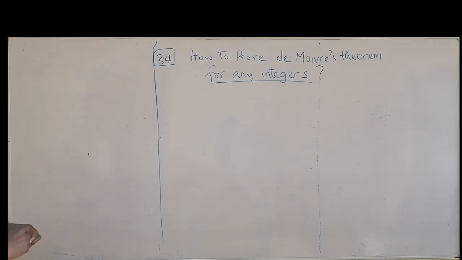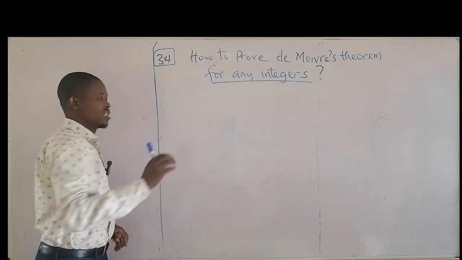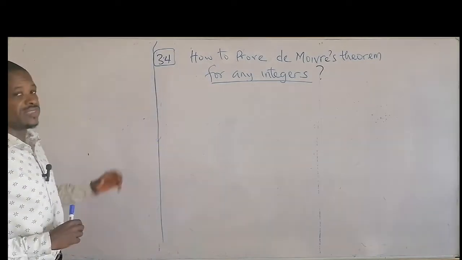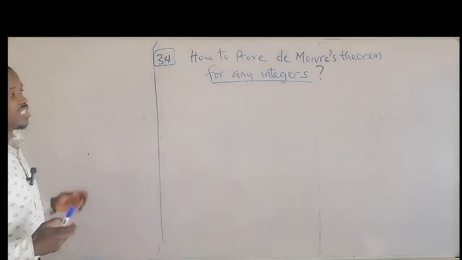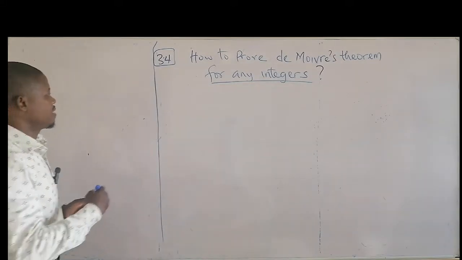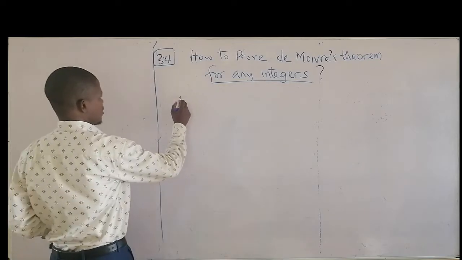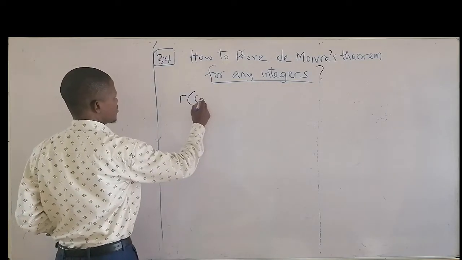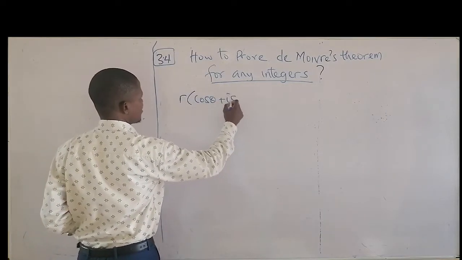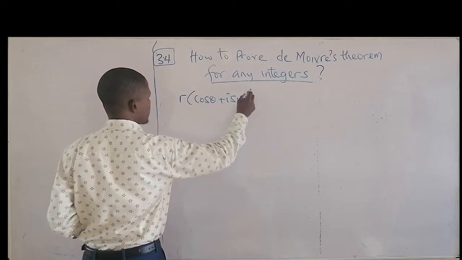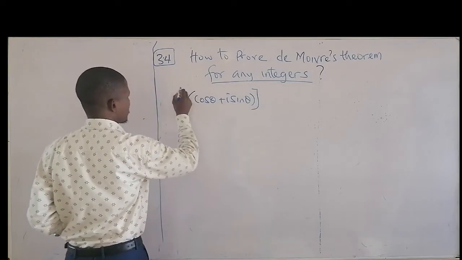De Moivre's theorem for any integers. How to prove De Moivre's theorem for any integer n. The theorem is this: the complex number r(cos theta plus i sin theta) all to the power n.